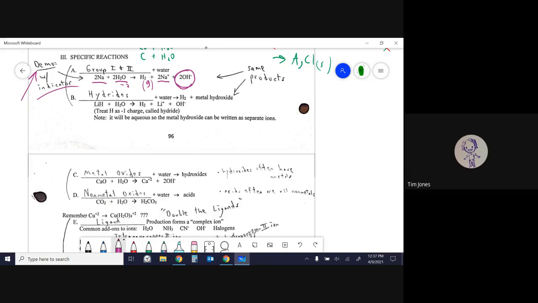You know that a gas is made because of the possibility of explosion. It's got to be a flammable gas, so there's your hydrogen. If hydrogen comes from water, it has to gain electrons, so somebody had to lose electrons. That's the sodium, which is why it goes from Na to Na+. And then from last unit, you should know in this case, when water gets reduced, you're left with some hydroxide. So try to understand the reaction as opposed to just memorizing it, because that's no fun and not as helpful.